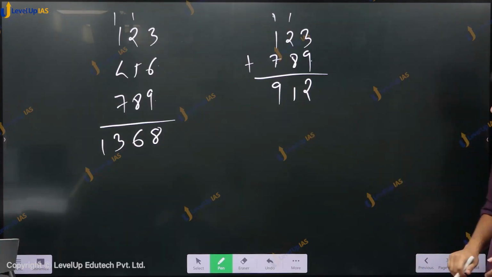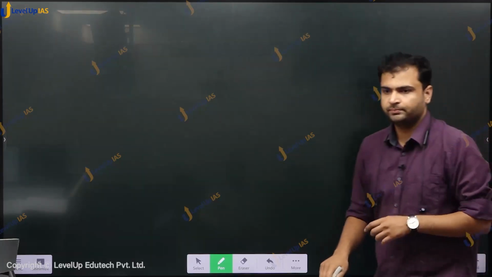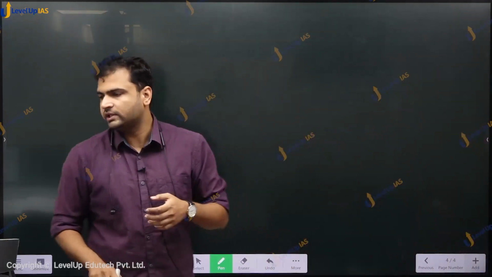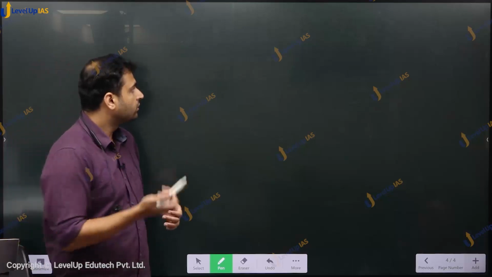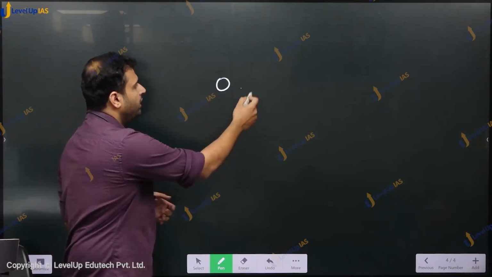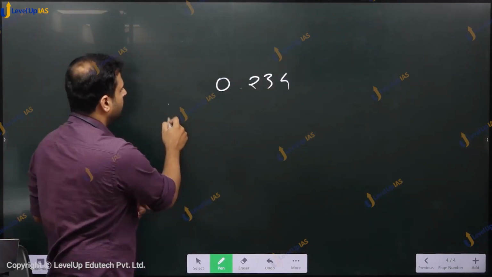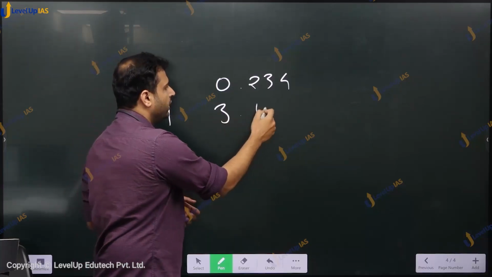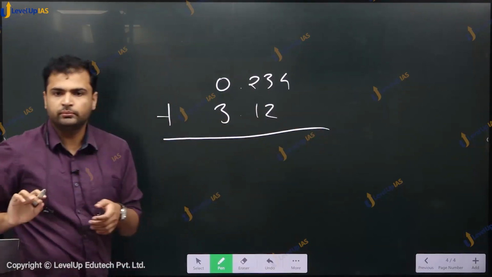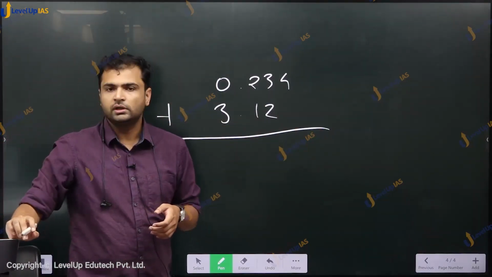Fine, this is when we have only natural numbers or positive integers. What happens when we have decimal points? So if I have 0.234 plus 3.12, do you know how to add them? Same process.